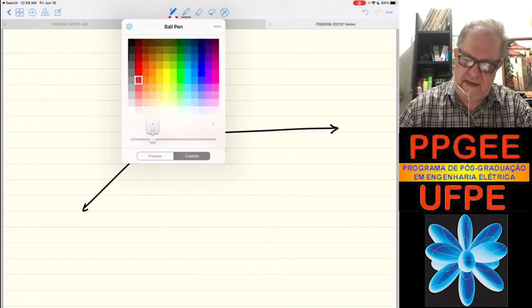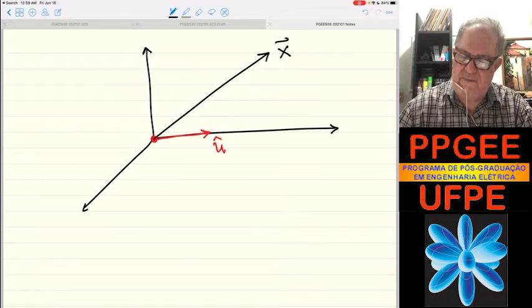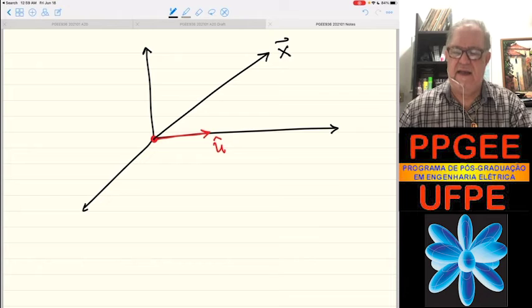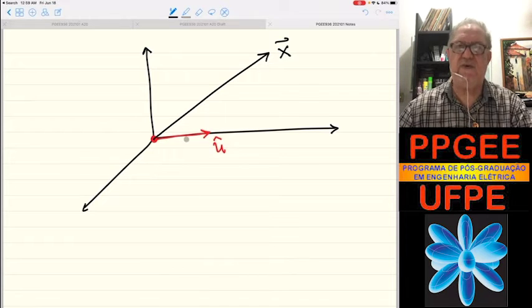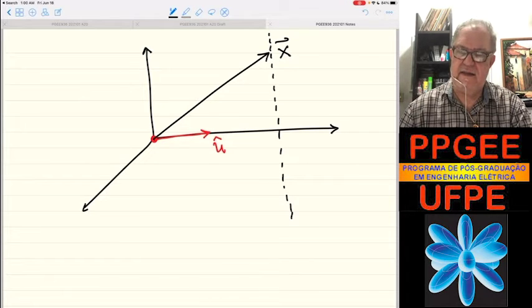So let's put it in 3D space now. Let's put the x vector. The locus of points such that x projected along u is constant is the locus of points that end on a plane, right?